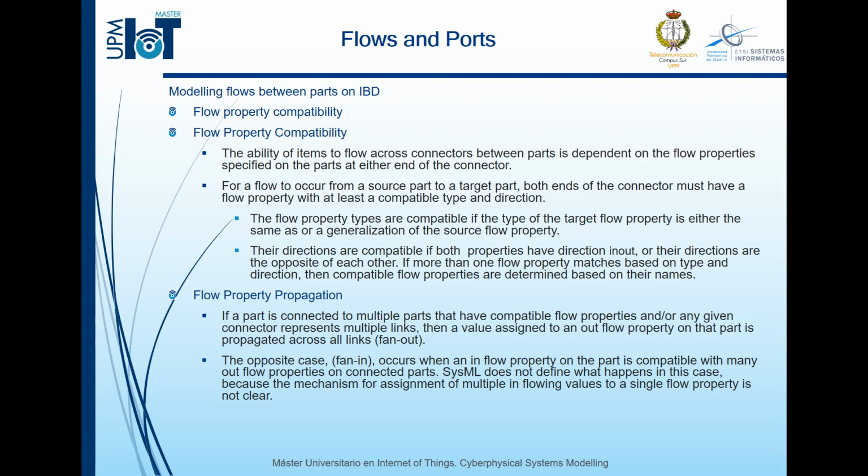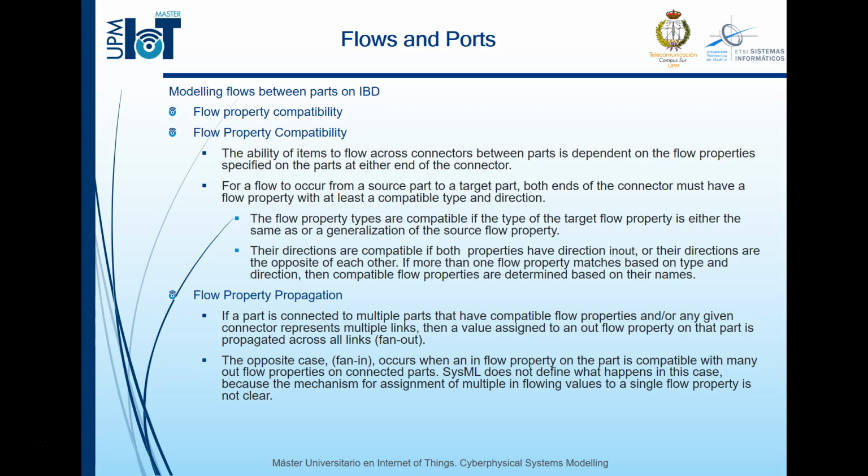So we can only put together an in and an out, one direction in and the other out. What happens if we put two different flows out together? It's a collision, so it's not possible. So first check the compatibility of your flow properties.